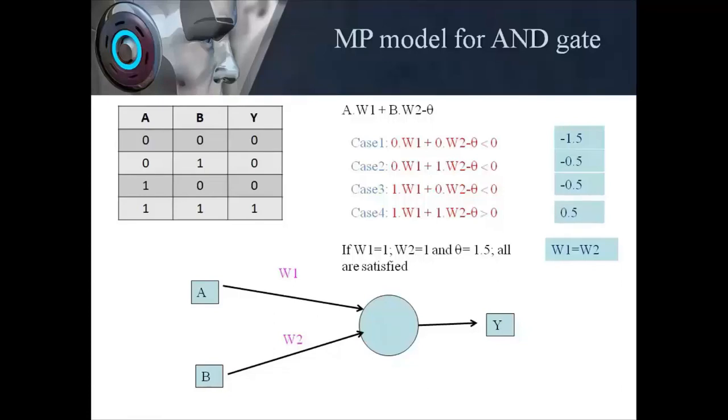And this is my last case, where the first term is going to yield 1, 1 plus 1 minus 1.5. So the answer is going to be 0.5. So I see with these values of W1 equal to 1, W2 equal to 1 and theta equal to 1.5, all four conditions are satisfied.